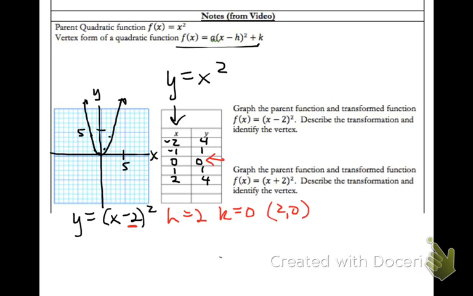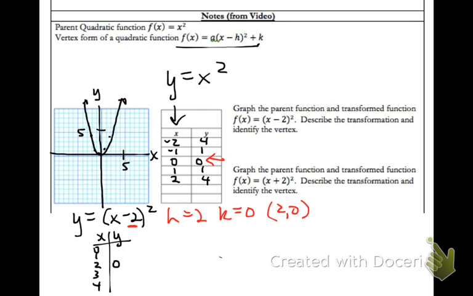When I make a table of values to graph it, I'm going to start with the vertex and place it in the middle of my table. Then I want some values just to the left of that vertex. So I'm going to step in the negative direction, 1 and 0, and then 2 in the positive direction, so 3 and 4.